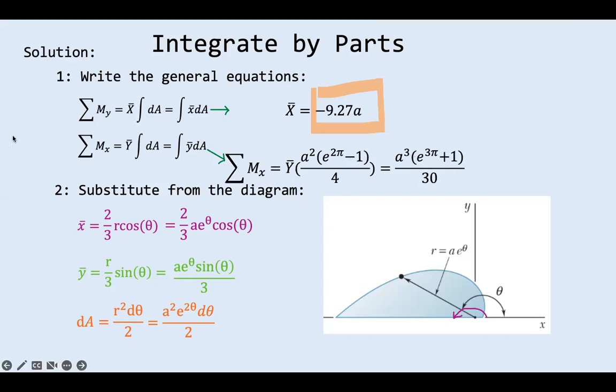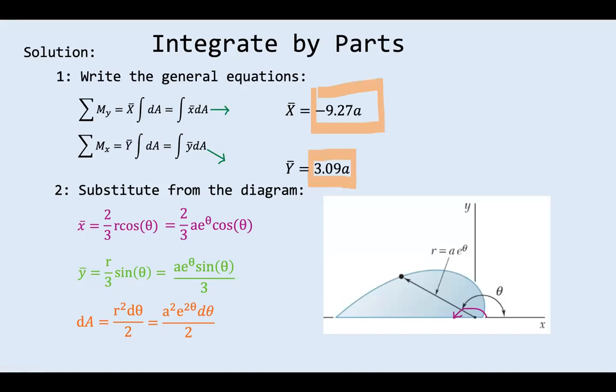Dividing both sides by a squared times e to the 2 pi minus 1 over 4, we will get that capital Y bar is equal to 3.09a. So that's all we needed to solve for: the x and y coordinates of the centroid of this planar shape.